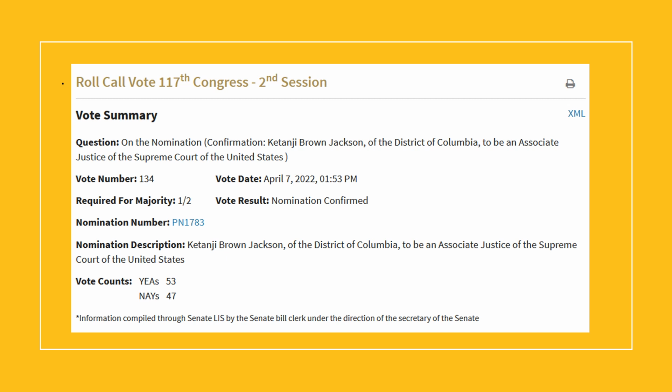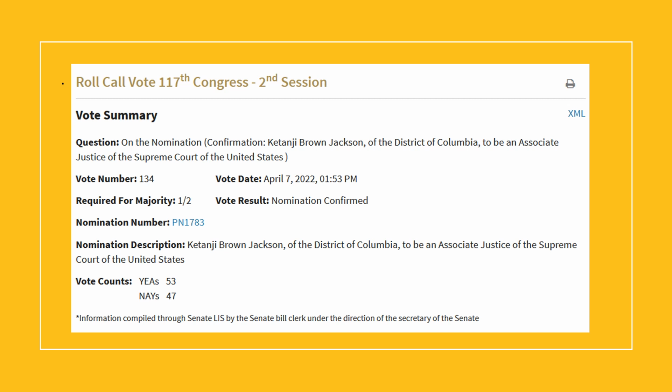Okay, so now we're going to look at a U.S. Senate confirmation process. This process was for Judge Ketanji Brown Jackson. She was a judge of the District of Columbia to be the Associate Justice of the Supreme Court of the United States.